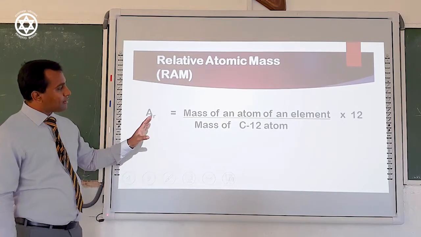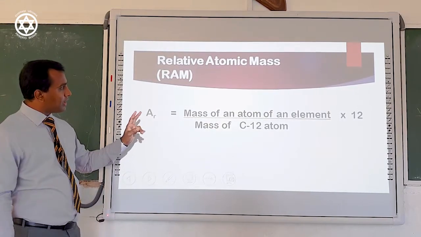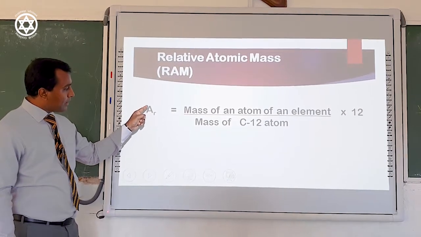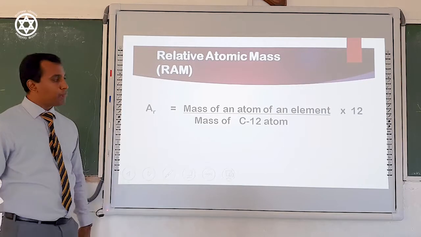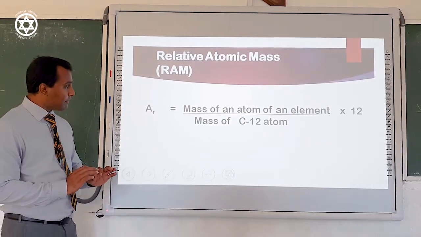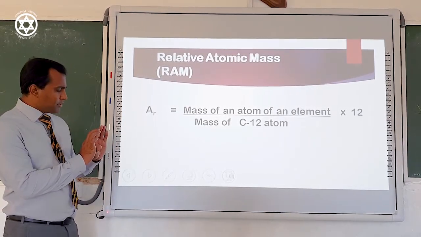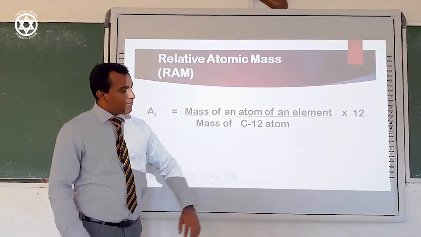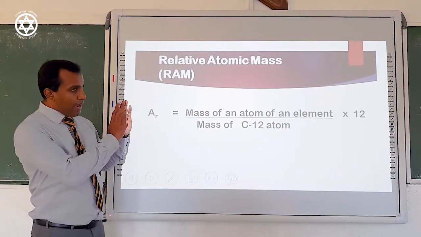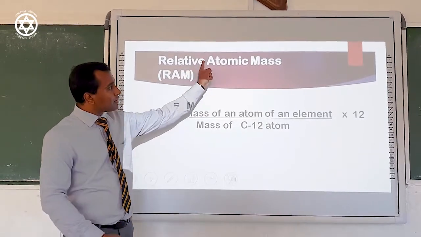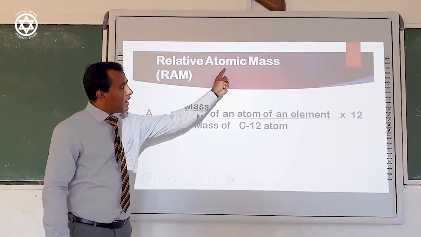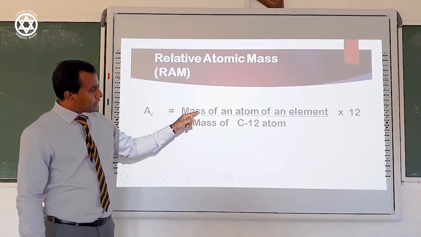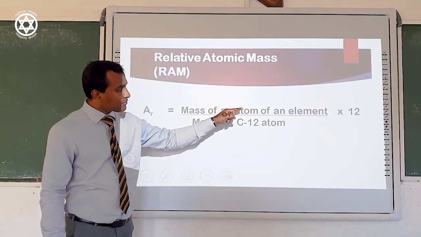Right? That is the common equation we use to measure the relative atomic mass. It is symbolized by capital A, which must be written large, and then the R should be written small, somewhat smaller than capital A. Mass of an atom of an element. When you find the relative atomic mass, the word atomic must be emphasized. We are going to find the atomic mass, so the numerator must be the mass of an atom.